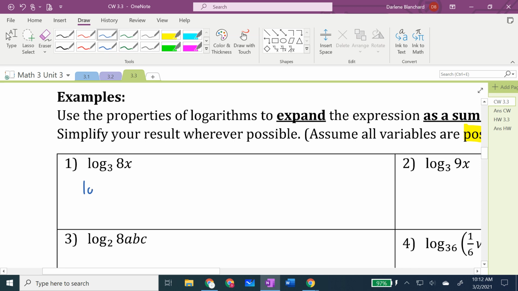So you look here and you see that this is log base 3 of 8 plus log base 3 of x. And I'm going to come back to number 1 and point something out to you when we get through number 2. So that's it for number 1.